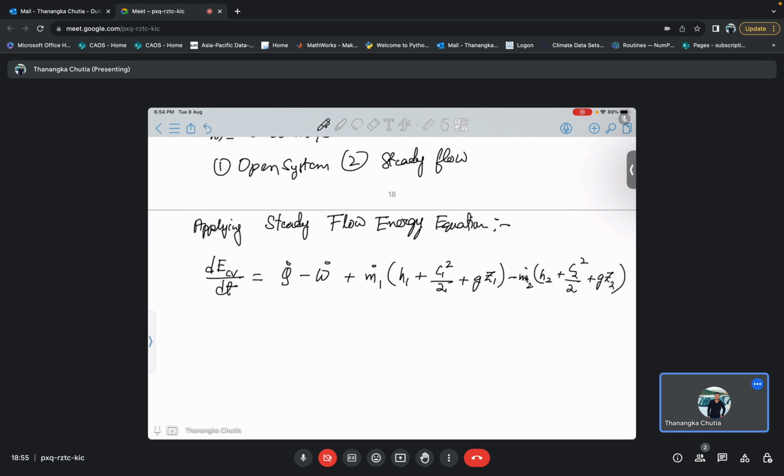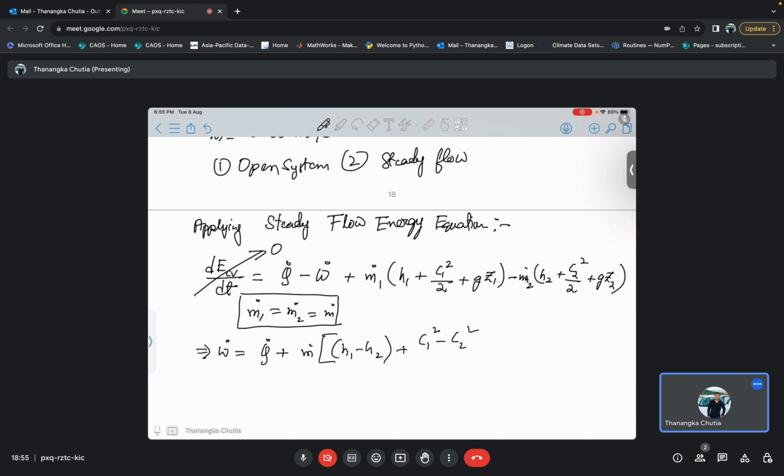Okay, now since it is steady flow, this part will be equal to 0, and we know that m1 dot equals m2 dot equals m dot here, because this is one inlet and one outlet. So our equation reduces to W dot equals Q dot plus m dot times (h1 minus h2 plus (c1 squared minus c2 squared) by 2 plus g (z1 minus z2)).